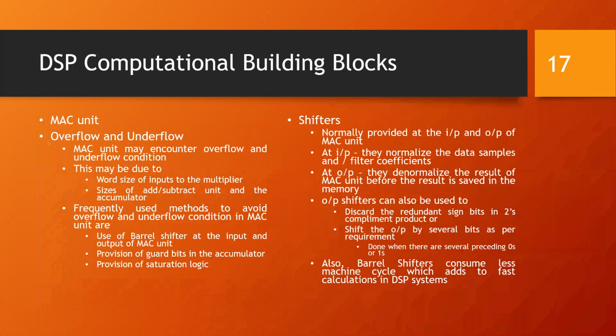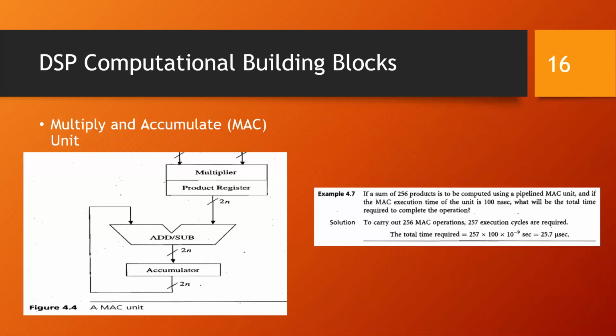With respect to the MAC unit, there are a few things we have to check out. That is, overflow and underflow that might occur. Assume the accumulator has some fixed size, and if the product, that is multiplication and addition together, exceeds the storage limit, then there will be an overflow.